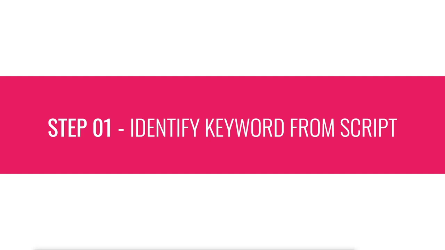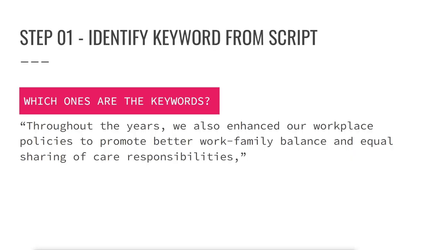Okay, the first step is to identify keywords from the script. Here is an example of a passage or a mission statement that we will try to create an icon for. Throughout the years, we also enhance our workplace policies to promote better work-family balance and equal sharing of care responsibilities.